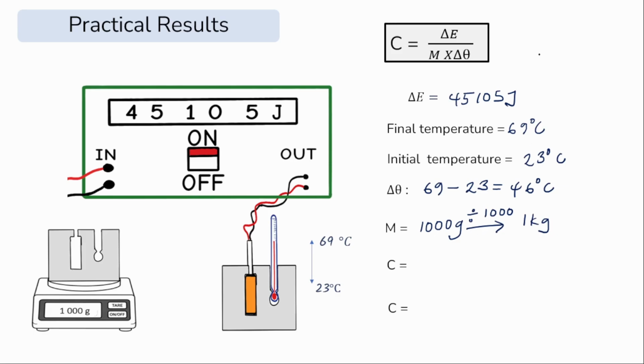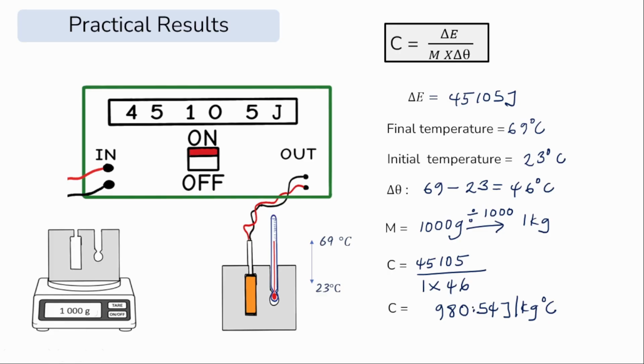Substituting these values into the equation, we have 45,105 divided by 1, which is the mass in kilograms, times 46, which is the temperature change. Solving this, we get 980.54 joules per kilogram per degree Celsius.